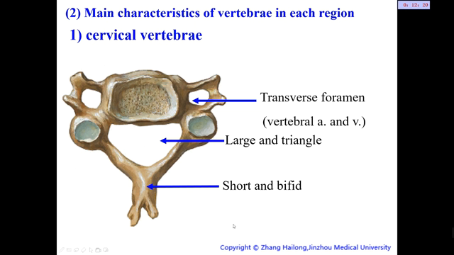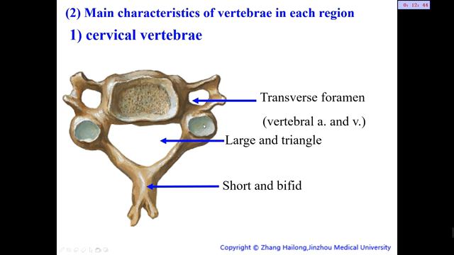Now let's see some special structures on different vertebrae. First, let's see the cervical vertebrae. This is one classical cervical vertebra. Also, you can see the body, the arch, the foramen, spinous process, transverse process, superior articular process. This is the general structure.